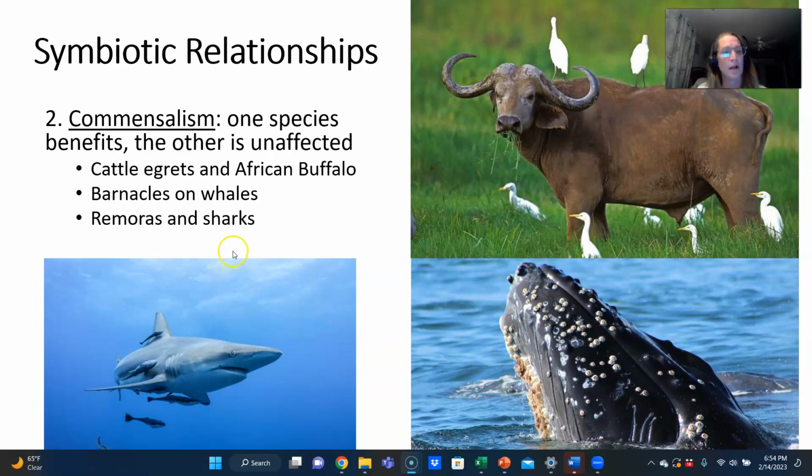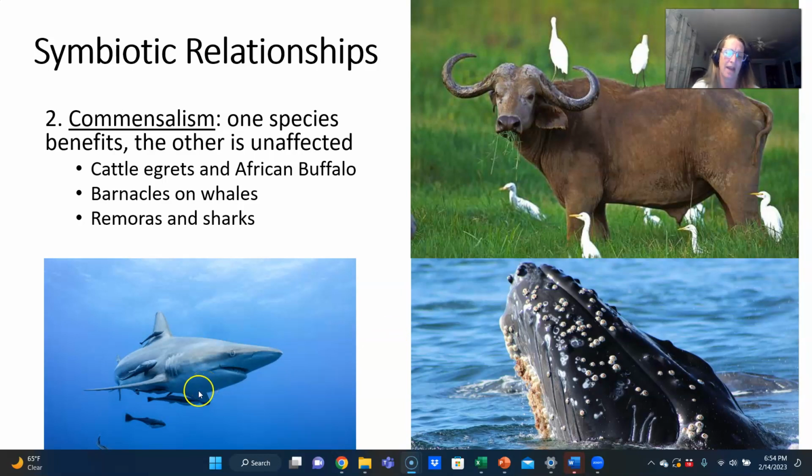And then the third example of commensalism is remoras and sharks. And a lot of people have heard of this relationship. These remoras actually, that's the fish under here, underneath the shark. Remoras have an area on the top of their head, which is sort of like a suction cup, and they can attach to a shark. It's kind of a similar relationship to what the barnacles have on the whales. The remora doesn't harm the shark in any way.